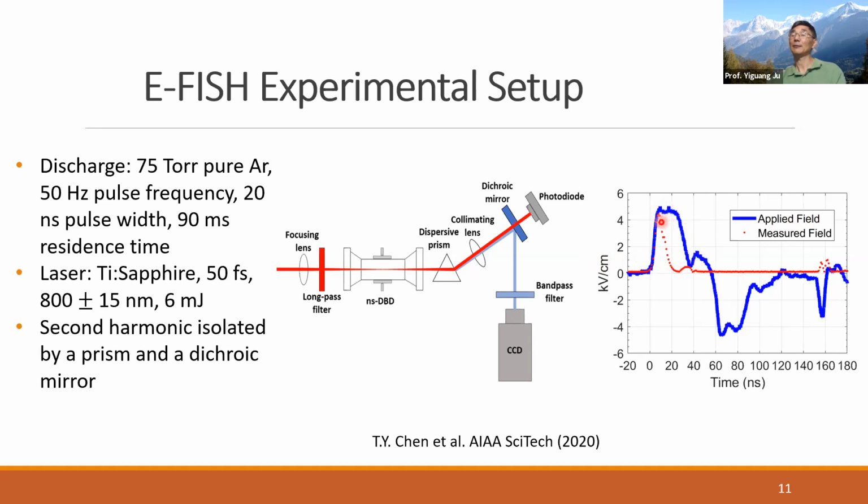This is because once the plasma is discharged and breaks down, the sheath will basically shield out the electric field. So your electric field drops dramatically once the breakdown happens. So this is a good calibration of the measured electric field against the applied electric field at the rising point of the plasma pulse.